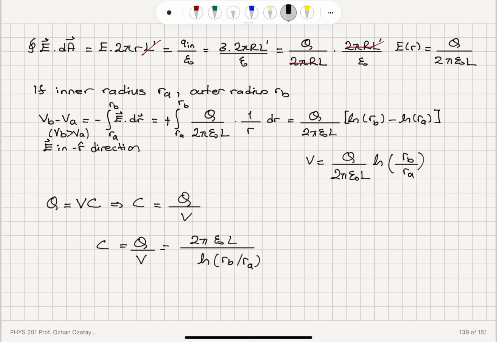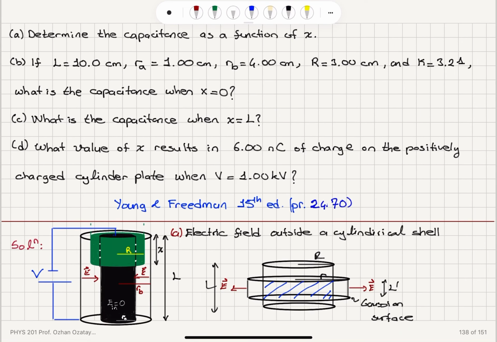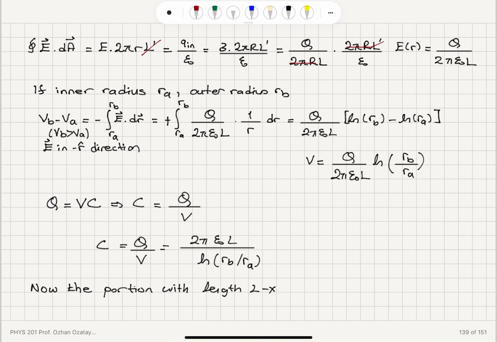Now, we need to consider the scenario of inserting the dielectric. The portion with a length of L minus x, because we only inserted a distance x here, will have the same scenario. It is filled with air.